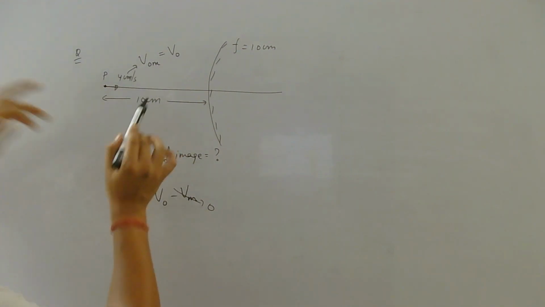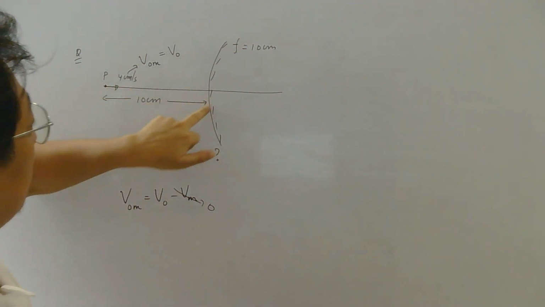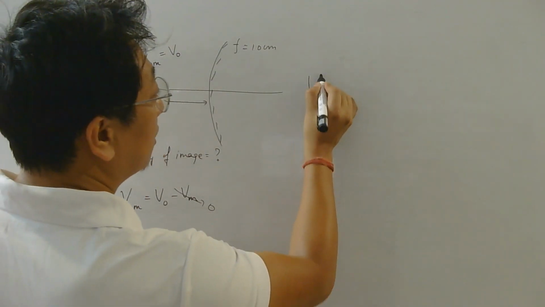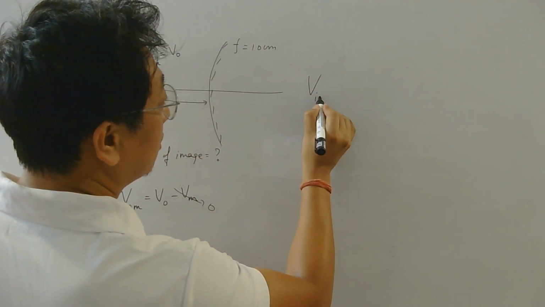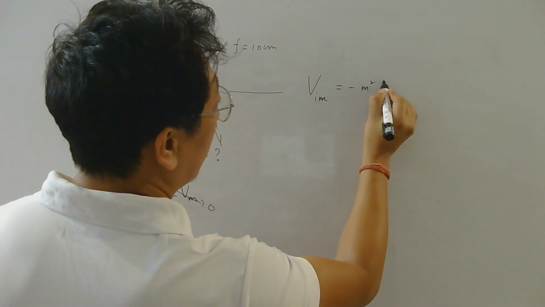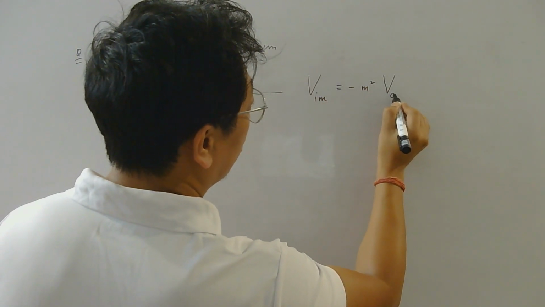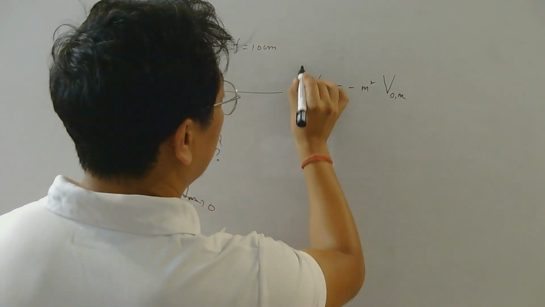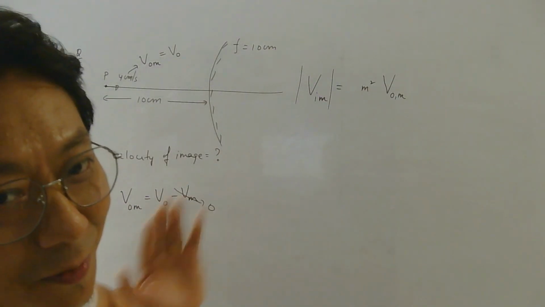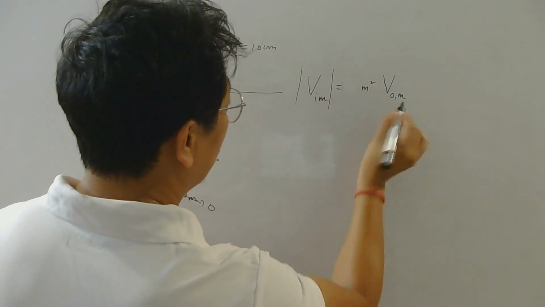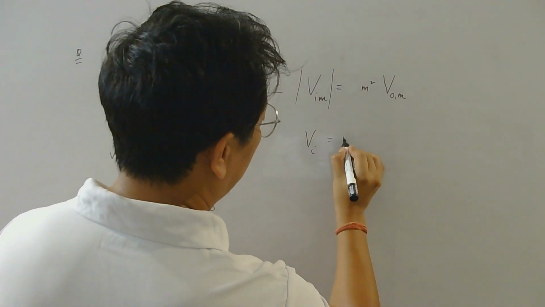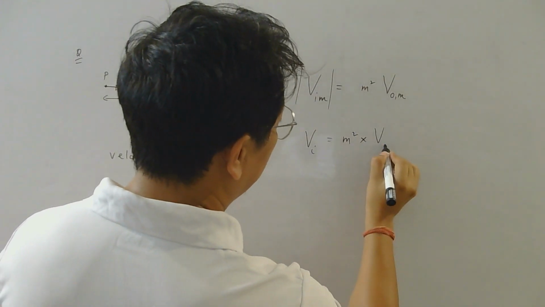And at that instant when the distance between object and mirror is 10 centimeter, we have to find the velocity of the image. So we have the standard formula: velocity of image with respect to mirror is minus m square times velocity of object with respect to mirror. Let me just calculate the magnitude first, then direction we will see later. Now here the mirror is at rest, so this will become velocity of image equals m square times velocity of object.